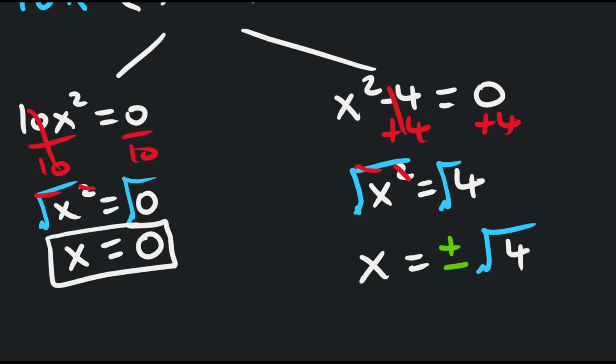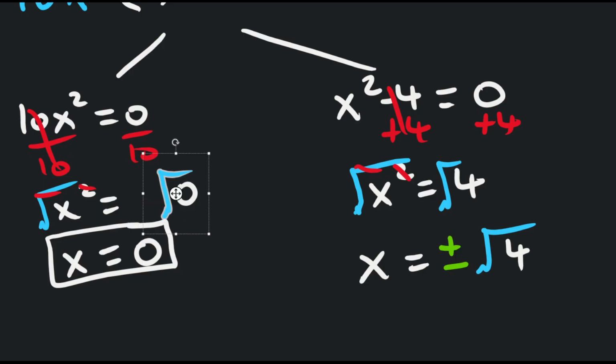The reason is that over on the other side, we technically should include a plus minus, but it doesn't make any difference. Plus minus 0 is still 0.